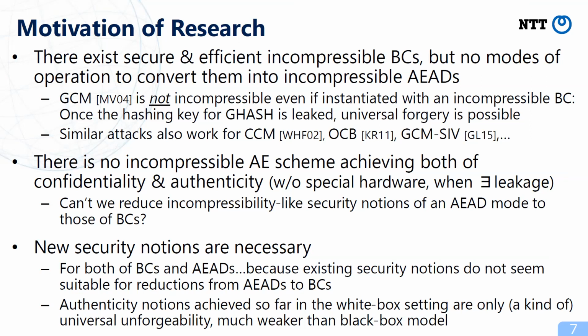I think this is a natural question, but it seems new security notions are necessary for both block ciphers and AEADs, because existing security notions do not seem suitable for reductions from AEADs to block ciphers. And authenticity notions achieved so far in the white box setting are only a kind of universal unforgeability, which is much weaker than what can be achieved in the black box model. So this is the motivation of our research.